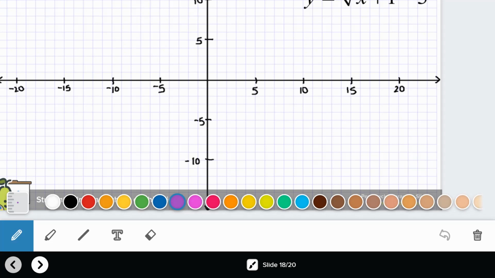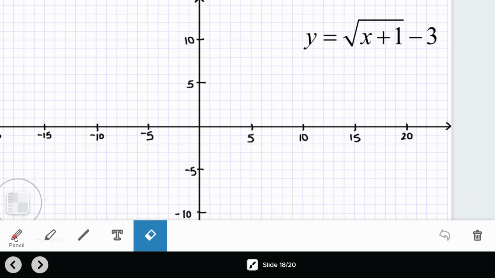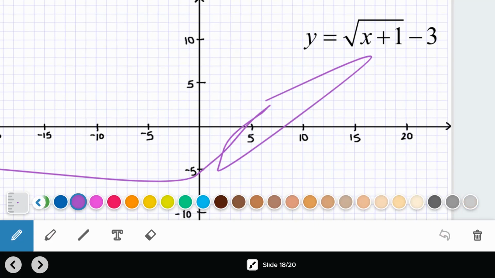Okay, on this next one, this is a square root. This square root is going to be starting at, let me just get rid of that for a second. Sorry, I've got a mouse and a stylus going here.